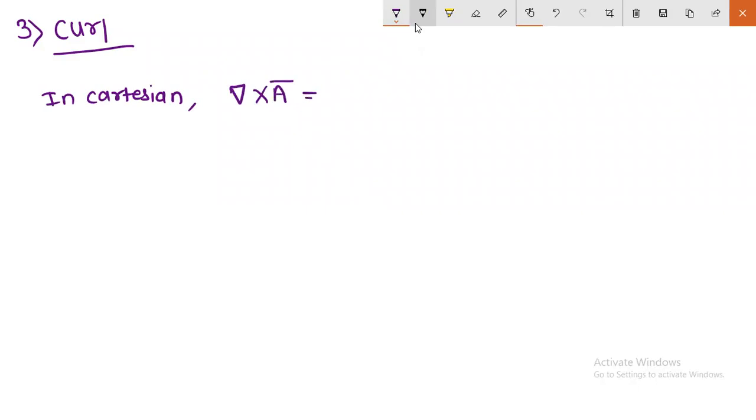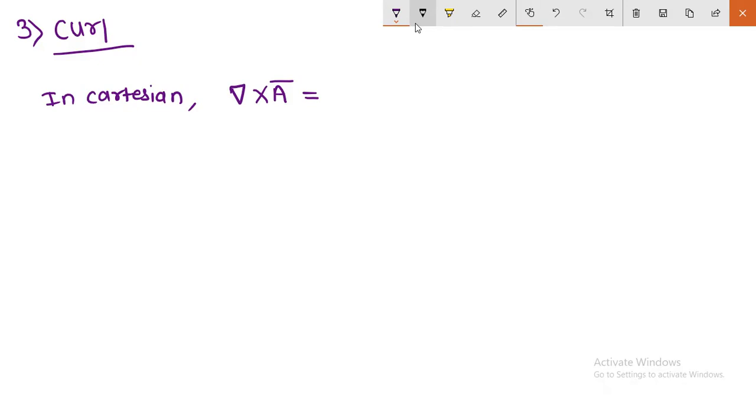We have seen cross product and dot product. If any two vectors are given, a bar cross b bar, how are we finding the answer? By simple multiplication or by using a determinant? Yes, by using a determinant, right?